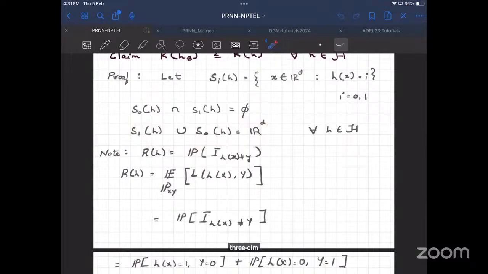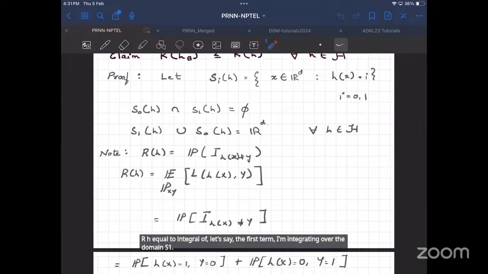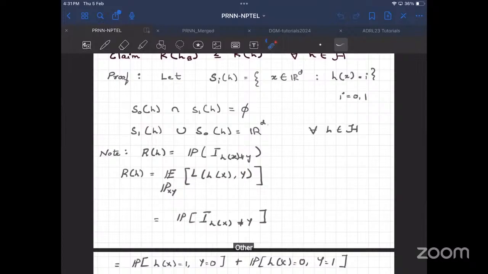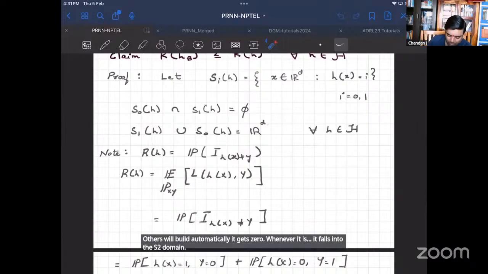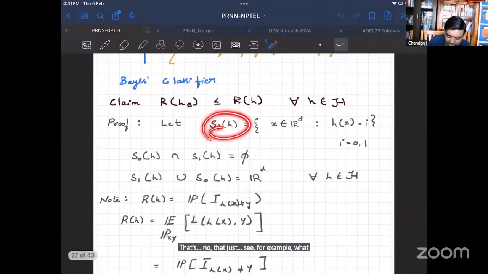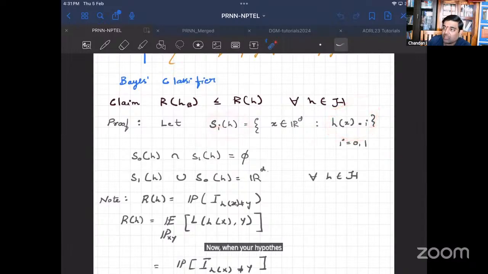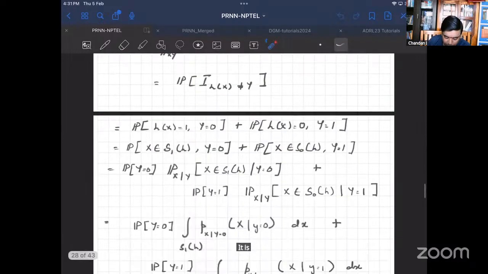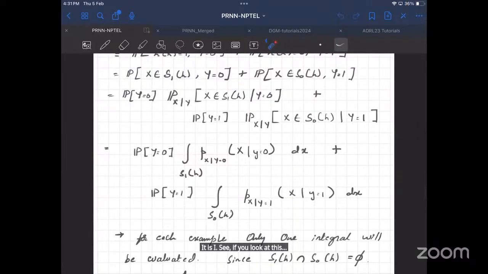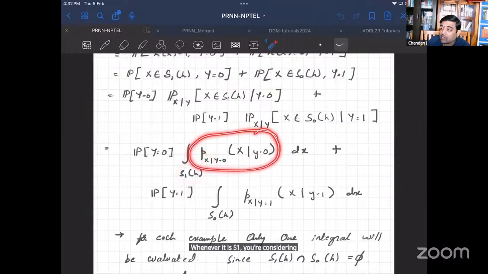Intuitively, I can also write R(h) equal to the integral of, let's say, the first term over the domain S1. I can also write it over the domain R to the power D, and the other part automatically gets 0 whenever it falls into the S2 domain. Whenever it is S1, you are considering the class conditional with respect to 0.